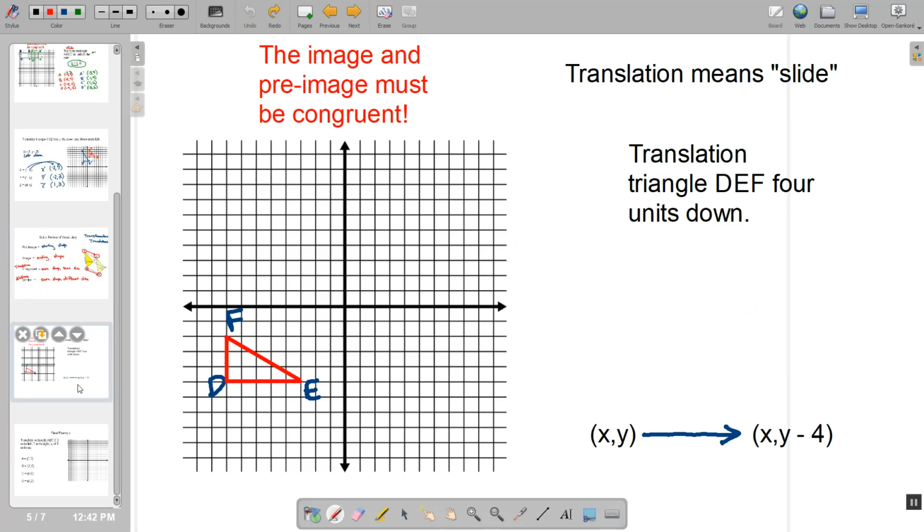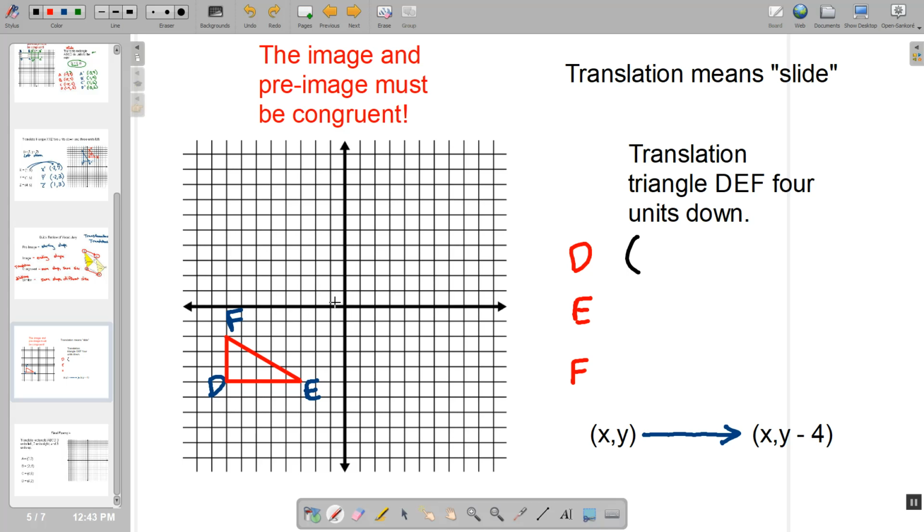And let's do 2 examples here. Let's start with our first one, where we are going to translate triangle DEF, which is right over here, 4 units down. And our coordinate mapping here is y-4, but the x remains the same. Let's get our points first written down and then do our mapping from there.